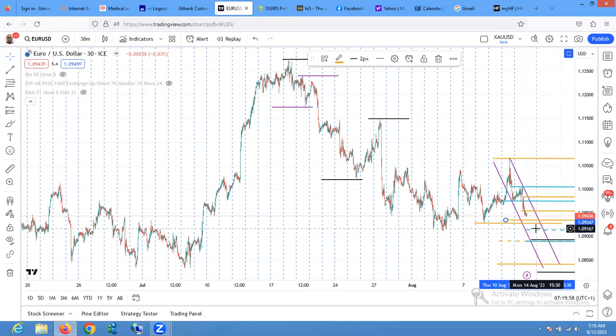If it touches 100 and begins to give us a pull to the upside, I don't see this one even turning. It's likely to pull towards this area before it turns up. So we're going to be looking at that.